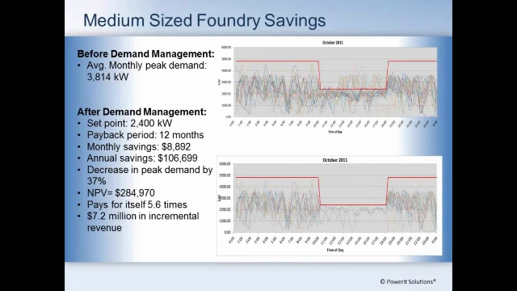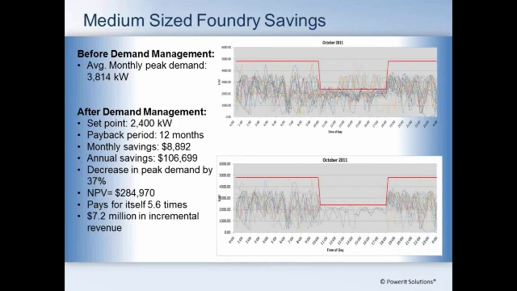A medium-sized foundry that was operating up in the area of 3,800 kW, you can see that once the control software was put in during their on-time period, this was a facility that operated with a light. When they would be reaching the point that their counter would turn the light on, the operators were supposed to turn down their power to maintain a production level.